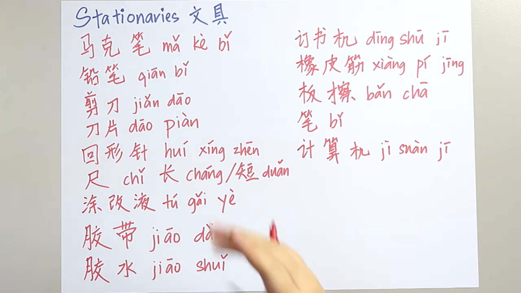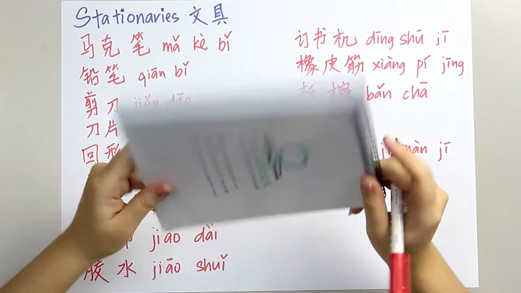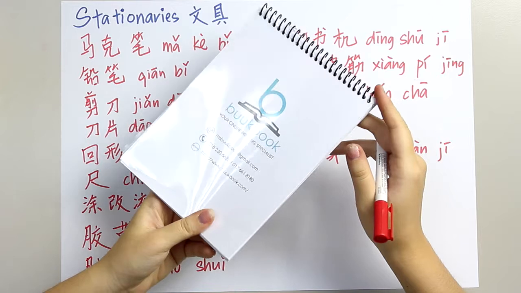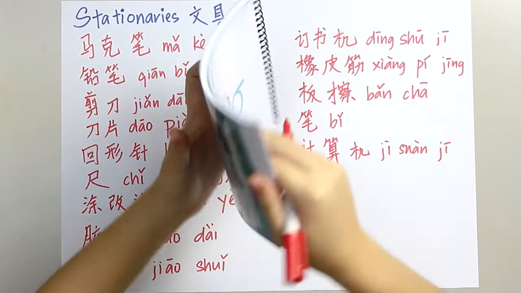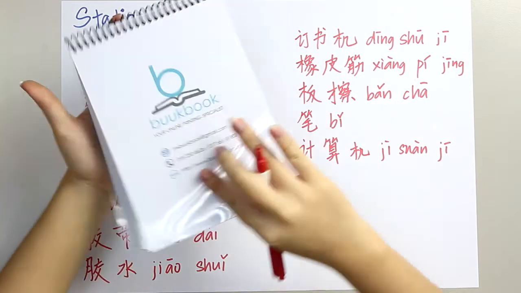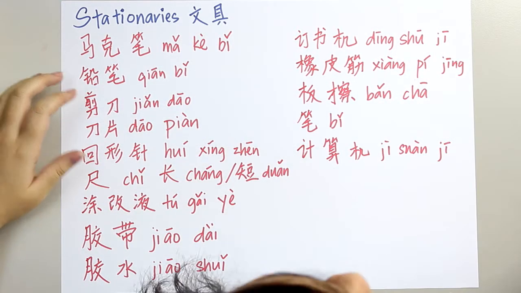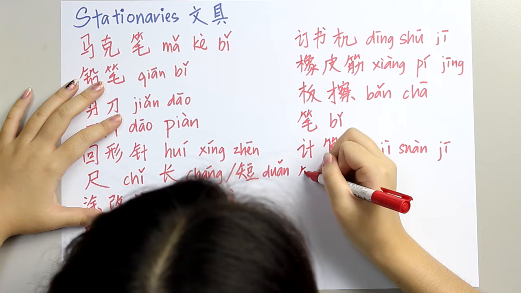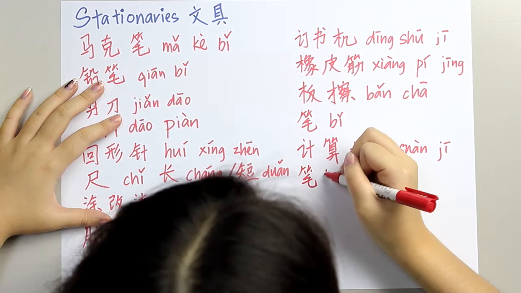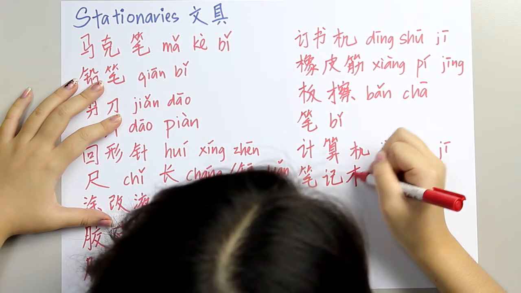And here we are. When you want to jot down something, you can jot it down in a notebook. Notebook we call it 笔记本.